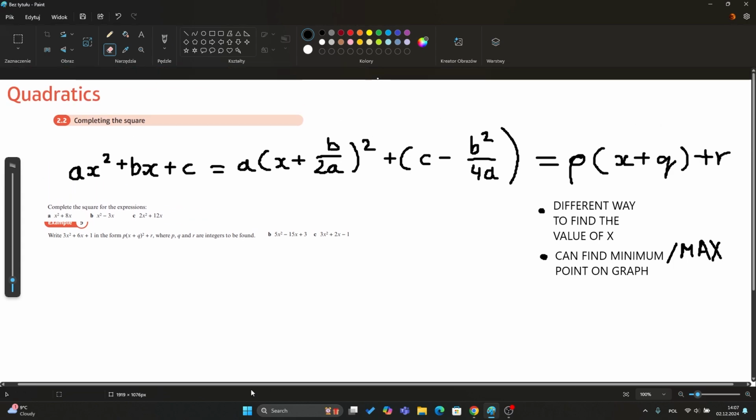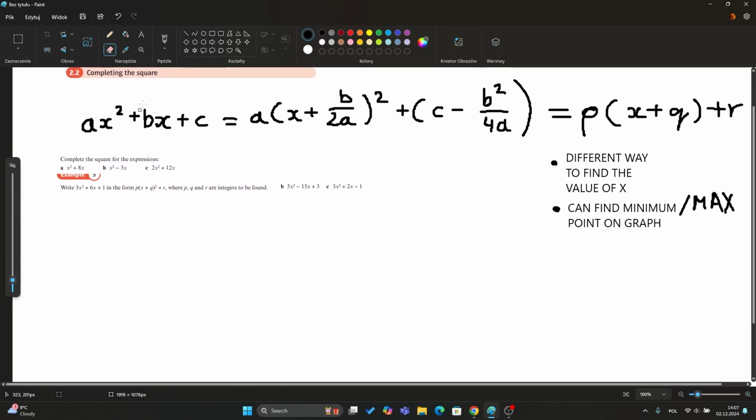So, by starting with an easy expression, that is x squared plus 8x, it is in the form of ax squared plus bx plus c, where c is 0.